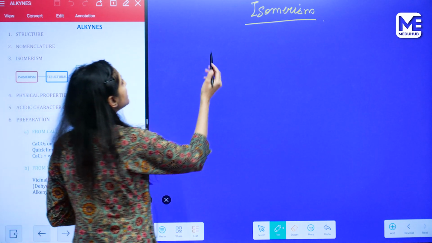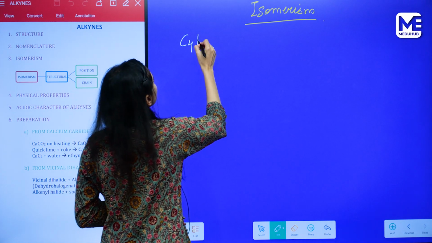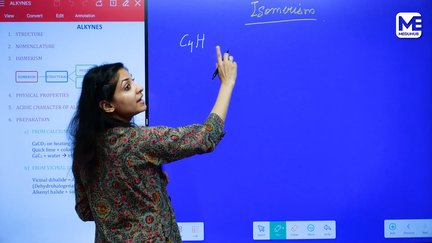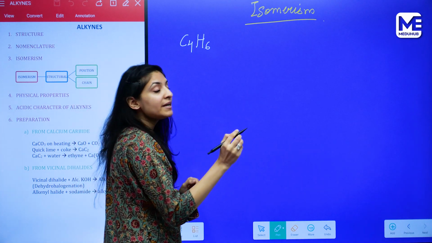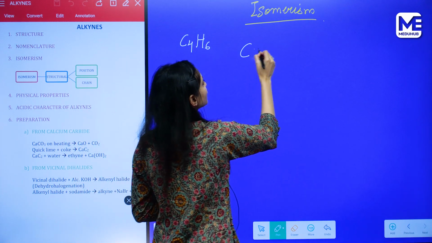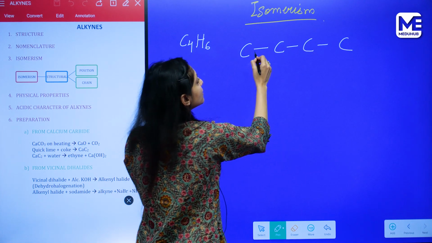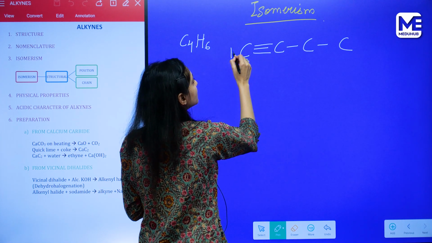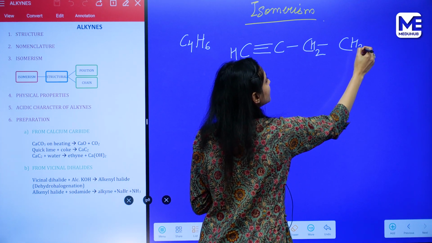Let us take one simple example of a butyne. CnH2n-2: 4 times 2 is 8, minus 2 is 6, so C4H6. For the butyne molecule, we can draw two structures. 4 carbons in a chain. The triple bond is here. CH, CH2, CH3.